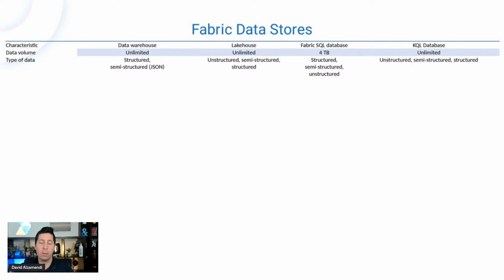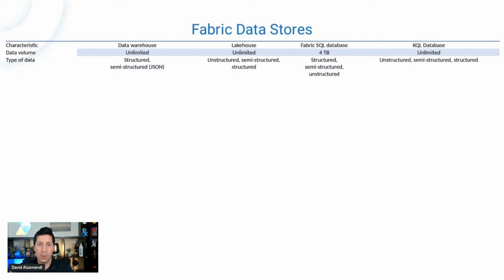So now you can see, we talked about Fabric SQL databases, whose main focus is highly transactional workloads. We talked about KQL databases, whose main focus is real-time analytics. And then we end up with the data warehouse and the Lakehouse.